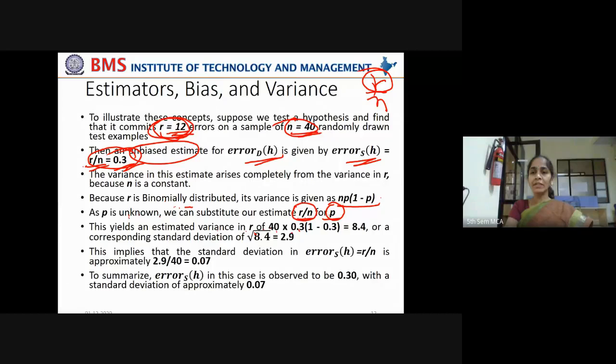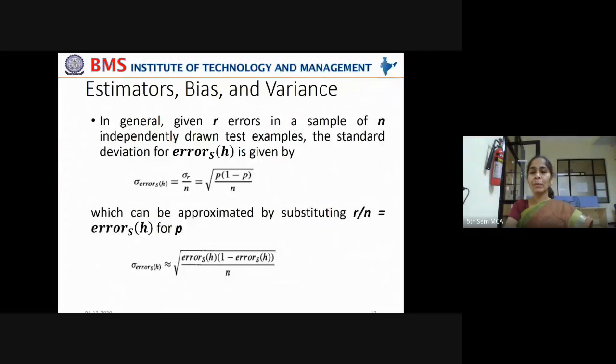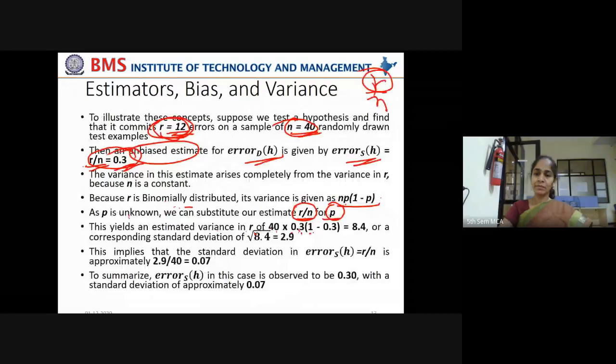You can write 0.3 instead of P, into 1 minus 0.3. That will give you the variance as 8.4. Now the corresponding deviation is nothing but the square root of 8.4, which is approximately equal to 2.9.